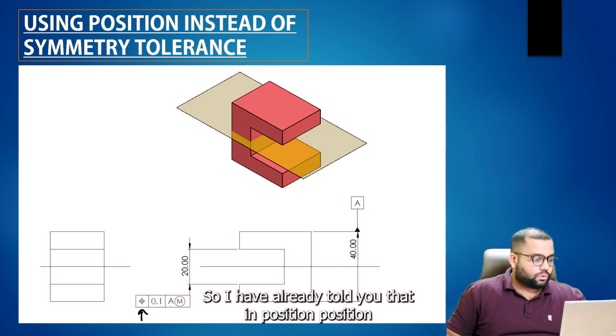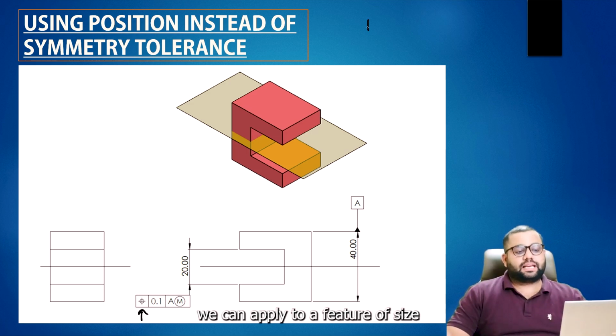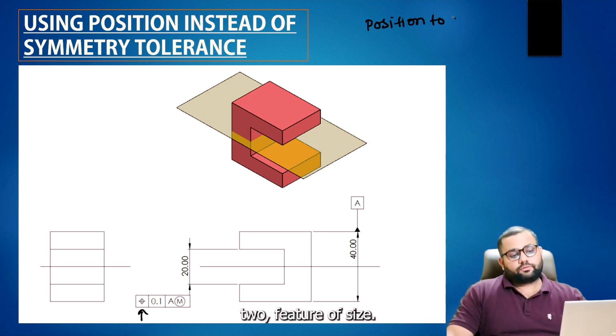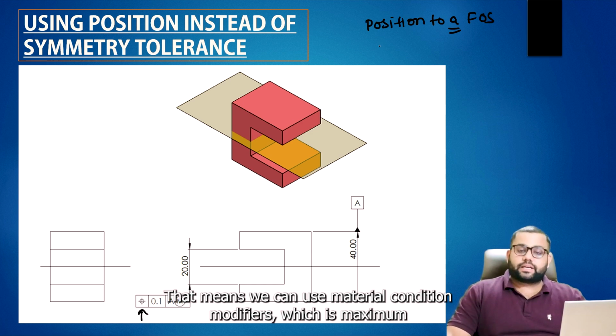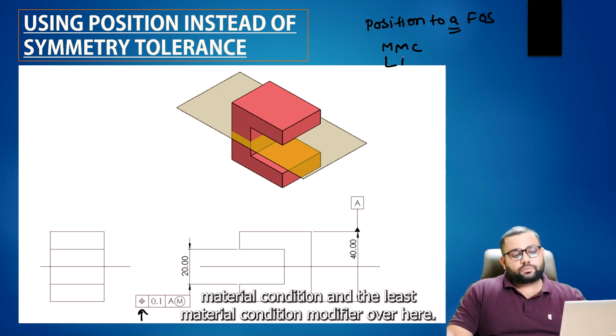I have already told you that position can be applied to a feature of size. Whenever we can apply it to a feature of size, that means we can use the bonus tolerances, and the material condition modifiers, maximum material condition and least material condition.